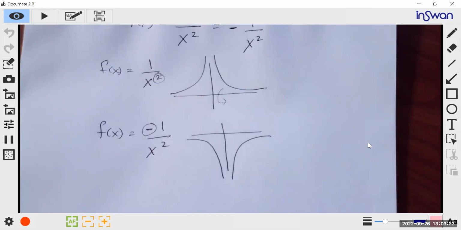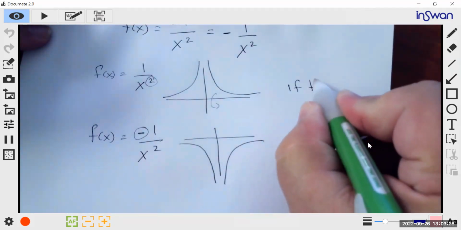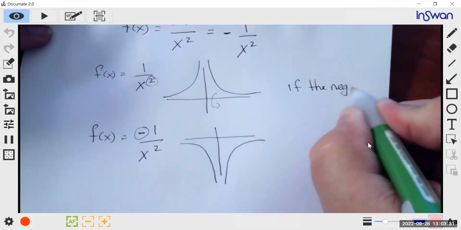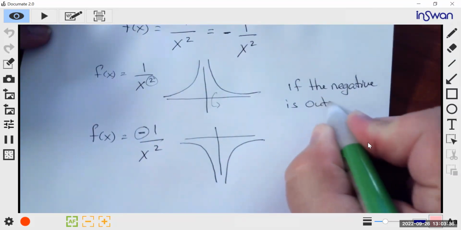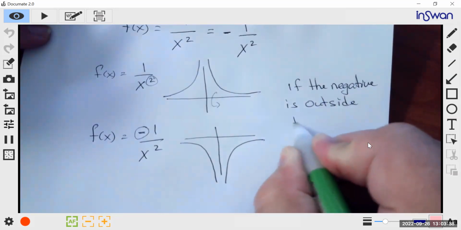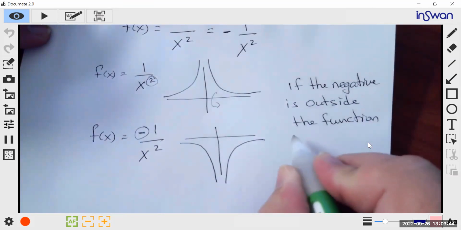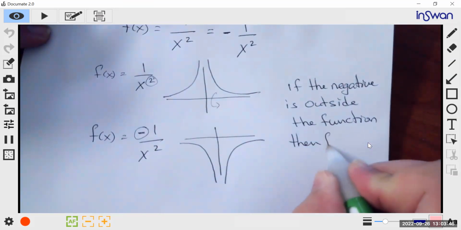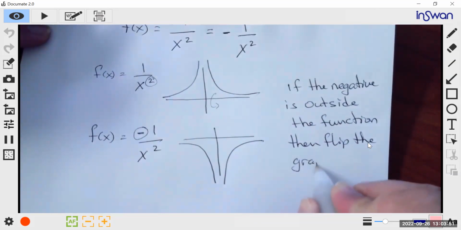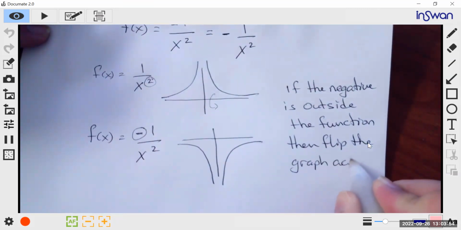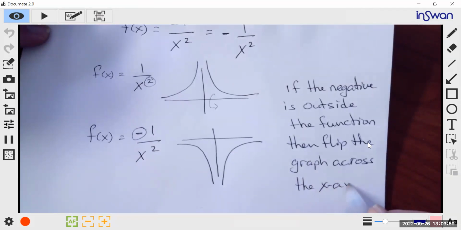Let me write it down. If the negative is outside the function, then flip the graph across the x-axis.